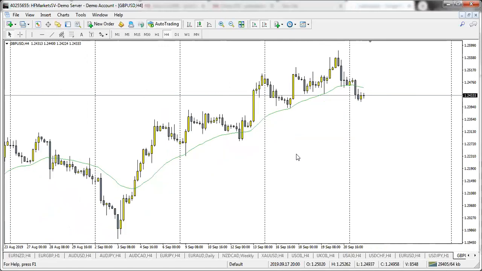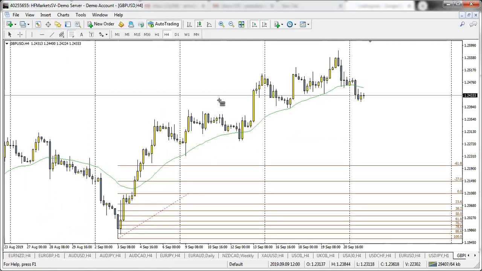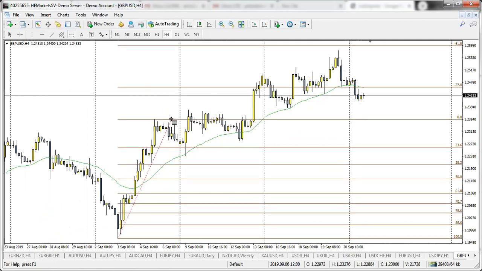So let's work with an uptrend. This is my fib, and this is the highest it actually touched before the close of that period. The market went all the way up, then retraced.